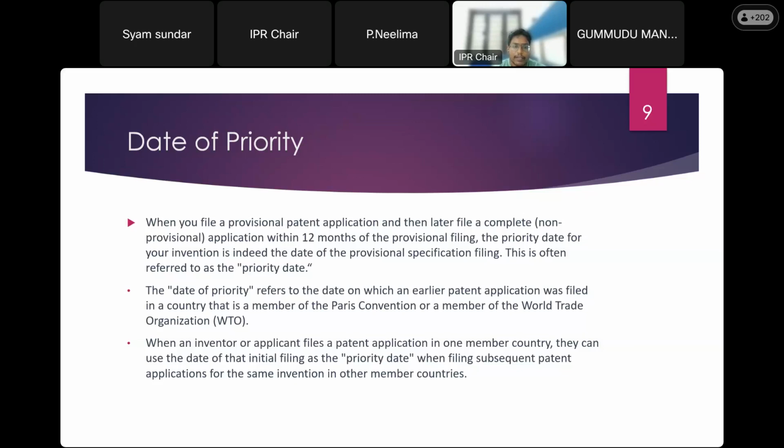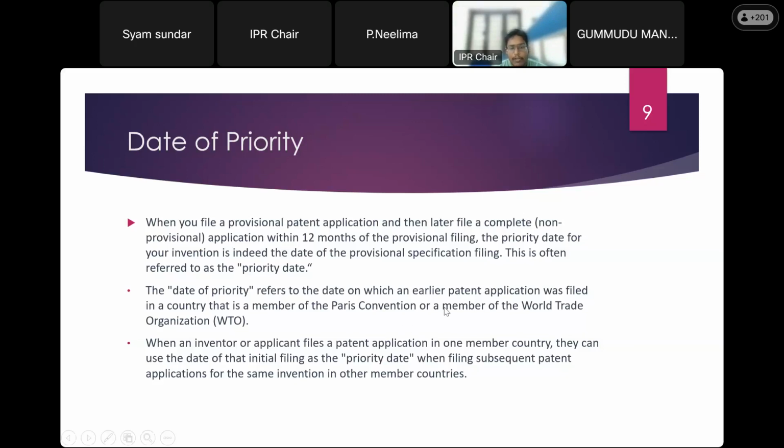In that case, the date of priority and the date of filing are both the same. And if you want to protect in another country, because you directly filed a complete specification in India, within 12 months of the complete specification you need to file in the other country. In that case, the date of priority is the date of the complete specification in India.